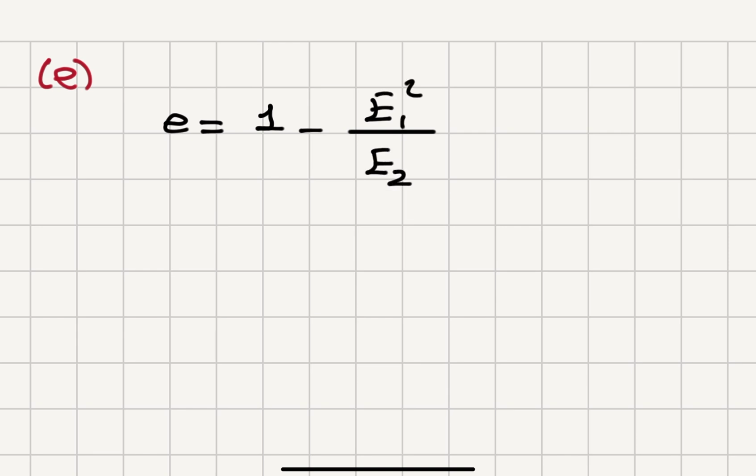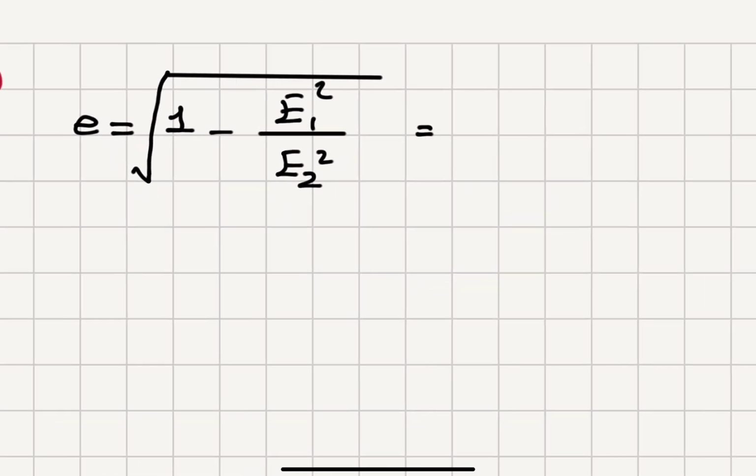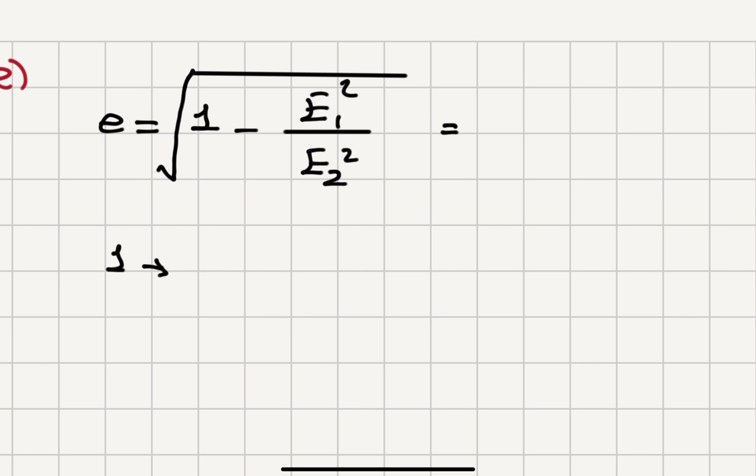Now, eccentricity is what we are after. That is square root of 1 minus E1 squared over E2 squared. That's what is given. So I note that 1 is the x-axis, 2 is the y-axis.